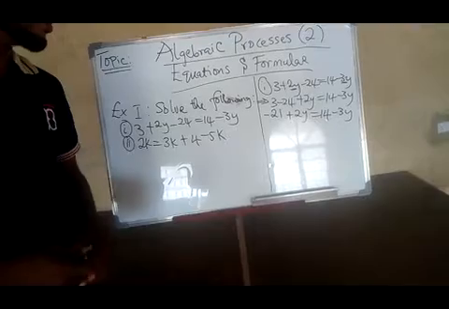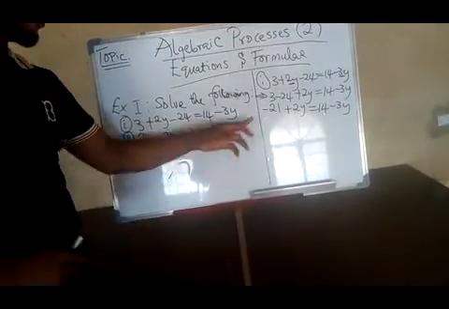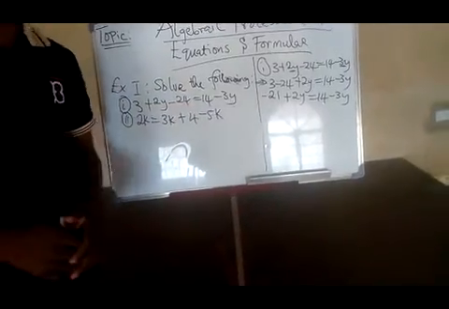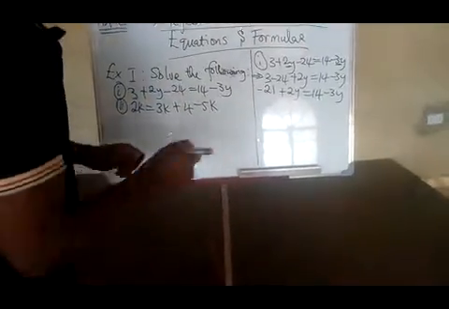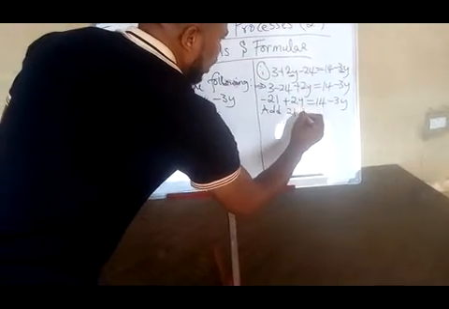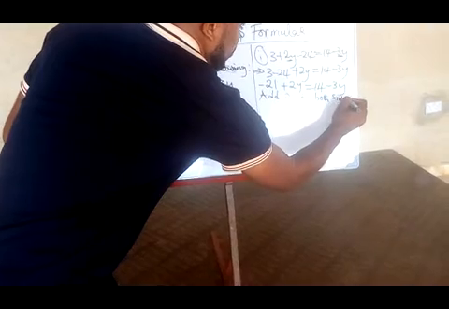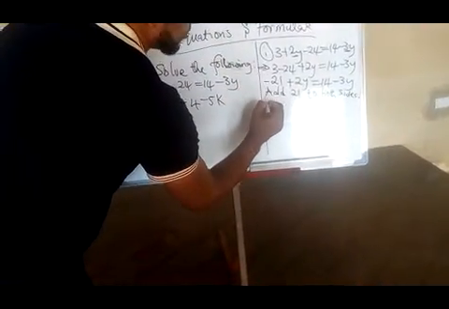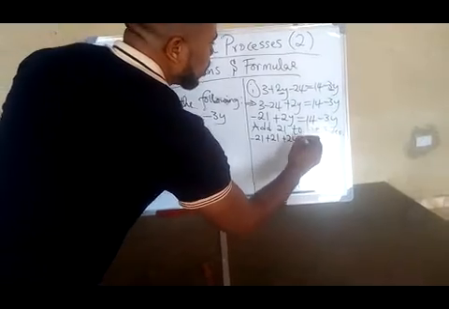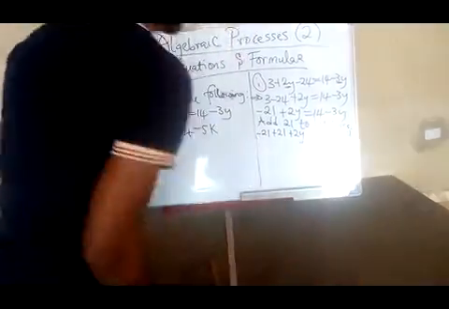So what I'm going to do is to add 21 to both sides. I am adding because that is the opposite of the negative sign that I have here. So when I add, they will negate themselves. So let's write that down, and we add 21 to both sides. When I do that, I'm going to have minus 21 plus 21 plus 2y equals 14 minus 3y plus 21.